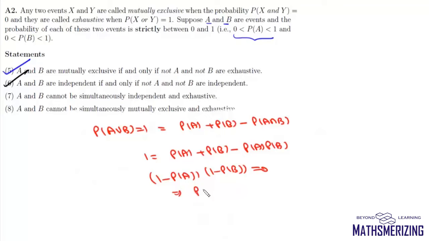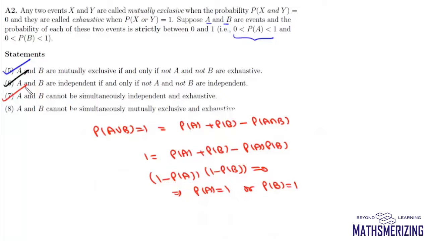From here we get this condition that either PA is 1 or probability of B is 1, but in the question it says both probability of A and probability of B strictly lie between 0 and 1. That means the statement 7 is also correct.